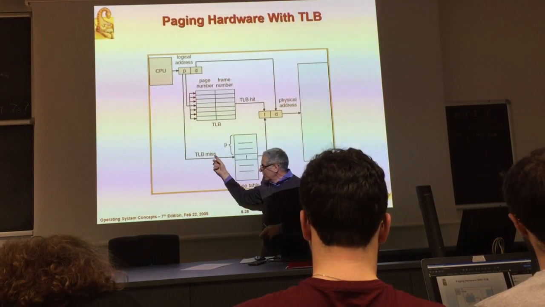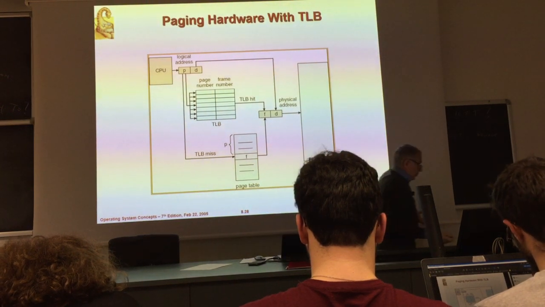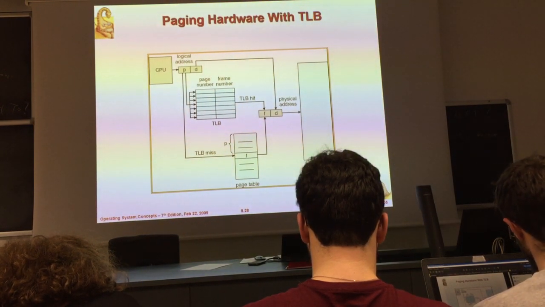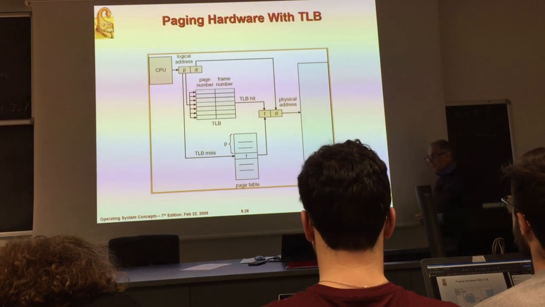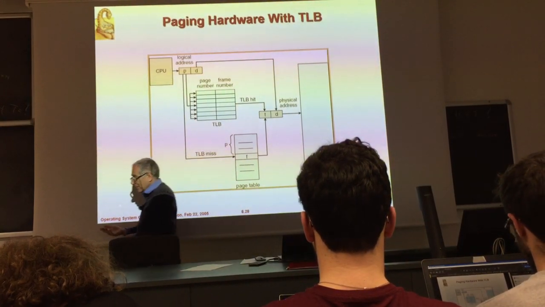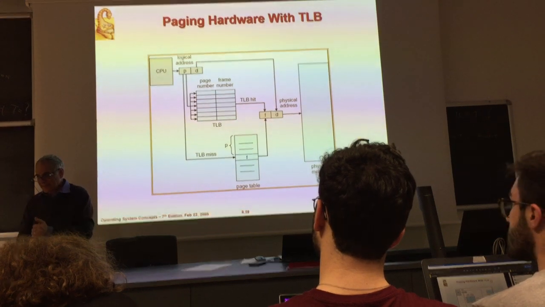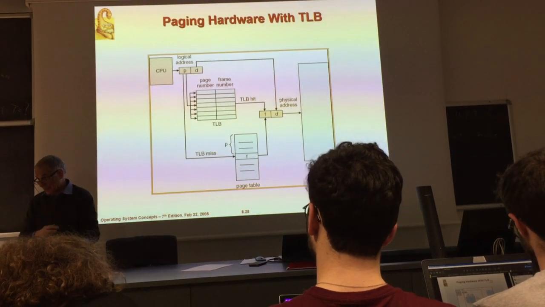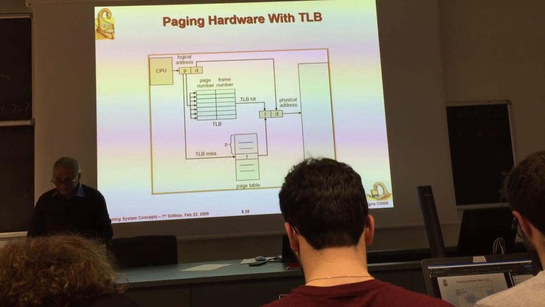So in this case we have the TLB miss. So this scheme works due to the locality of references, because when I do a reference to page 4, the probability that I make another reference to an address in page 4 is high. Okay?